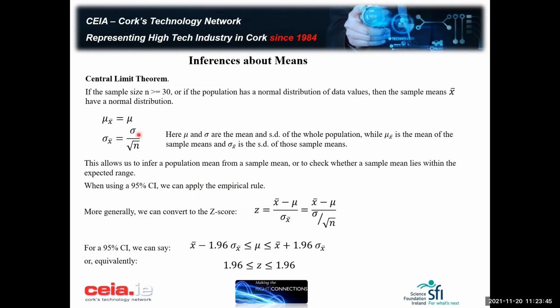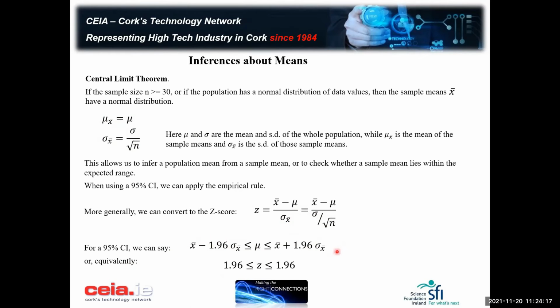In this case, remember that mu x bar is the same as mu, but the standard deviation of x bar is the population standard deviation divided by root n. Then you can use the empirical rule for a 95% confidence interval using that standard deviation.